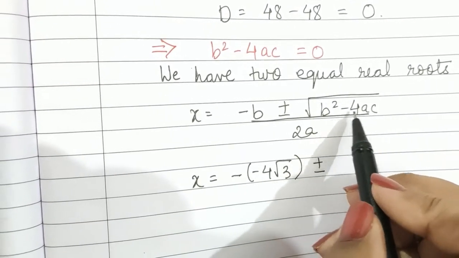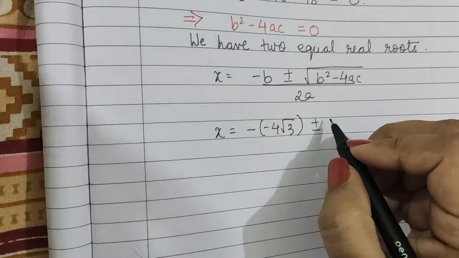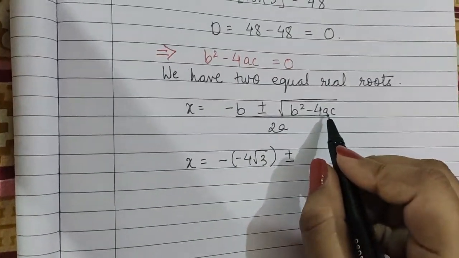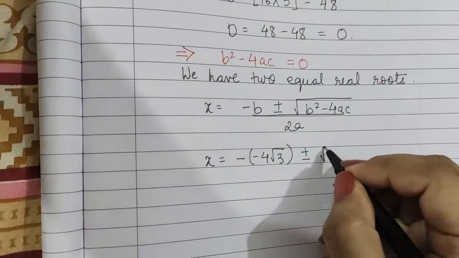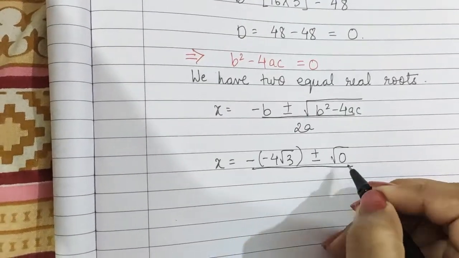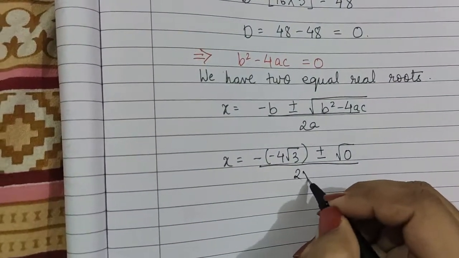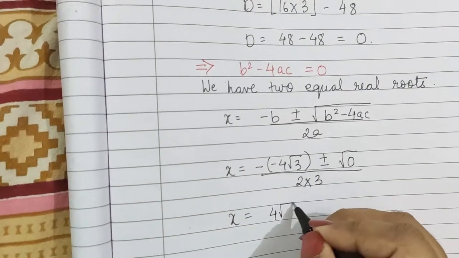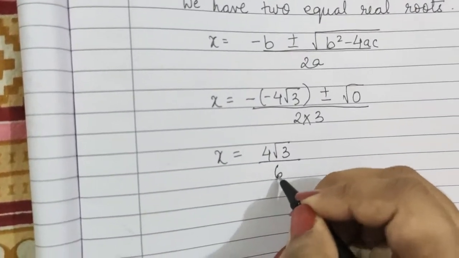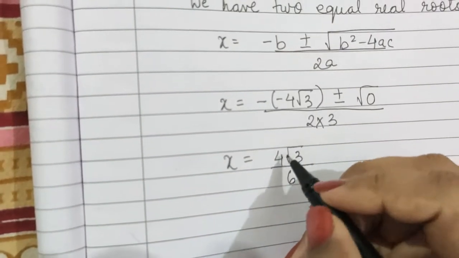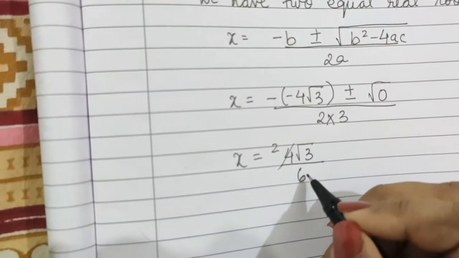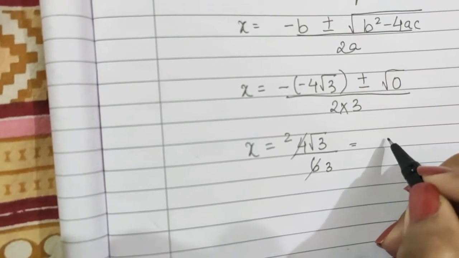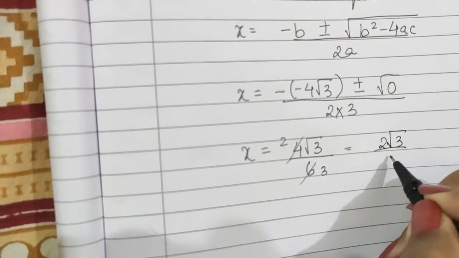Now over here we will have b square minus 4ac, the value was 0, under root 0 upon 2a, 2 multiplied by 3. We will get x equals to 4 root 3 upon 6. So over here this will be 2 2s are 4, 2 3s are 6. We get 2 root 3 upon 3.